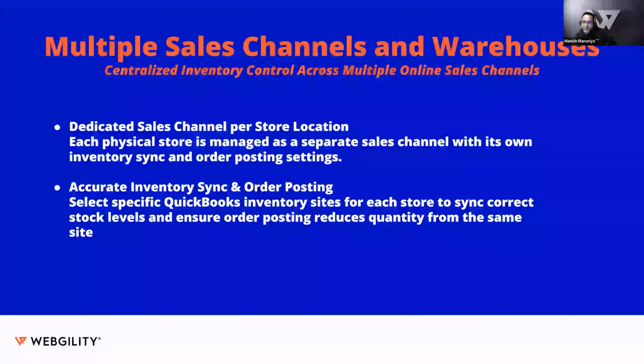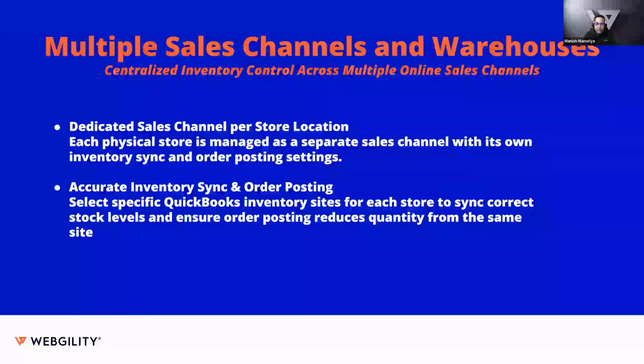Okay. Let me dive into this one. The first scenario is when you have multiple warehouse locations to ship from, and you have multiple sales channels. So maybe there's a warehouse location that is dedicated to your sales channel, Shopify, WooCommerce, or Amazon. So you might have different warehouse locations managed.